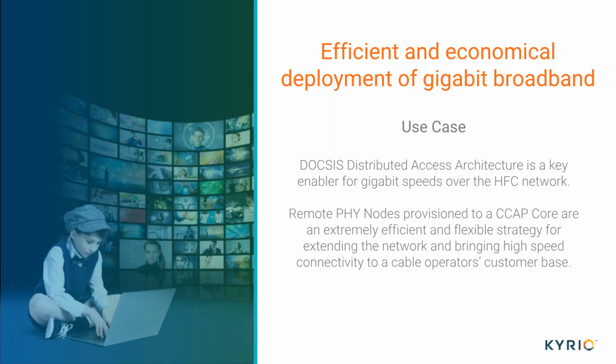R-PHY nodes combined with the CCAP core are an extremely efficient and flexible strategy for extending the network farther afield and for bringing those higher speed connections to their customer base. In order to implement distributed access architecture, you need three elements, and those align very closely with the technology trends that I just mentioned.